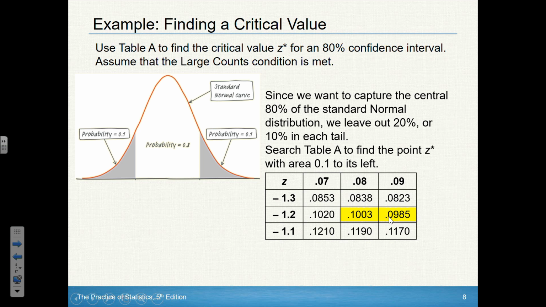So that means that my z star, my critical value, is between negative 1.28 and negative 1.29. Now, in this case, you can just estimate and say, well, since 0.1003 is closer to 0.1000, then you can just use the negative 1.28.